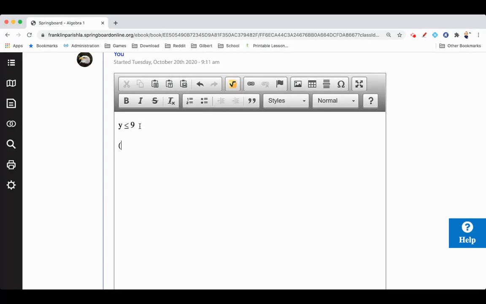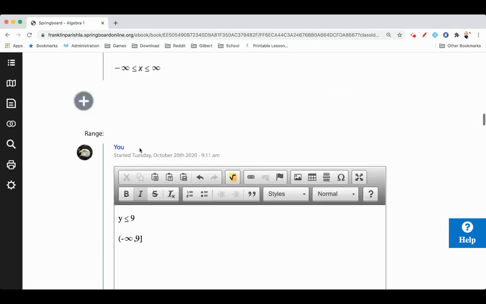That's our inequality notation. We could write it as from negative infinity to 9, but including 9, so we need to use the bracket like that to say inclusion in interval notation. Remember, parentheses is open circle, brackets is closed, and we're including 9.